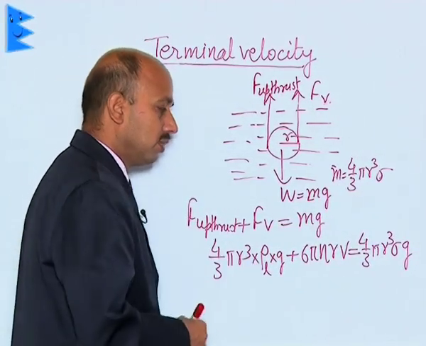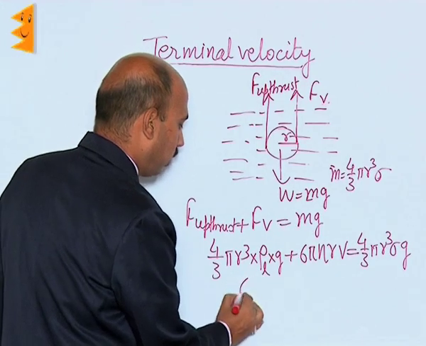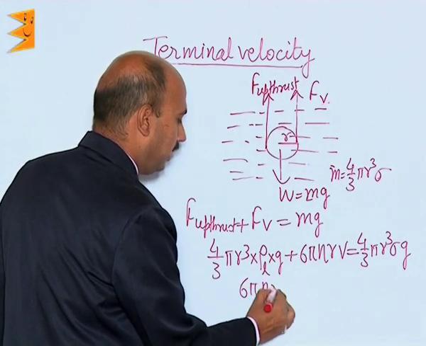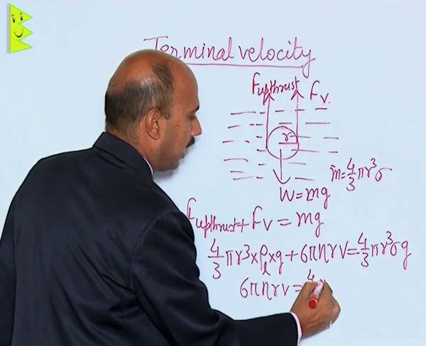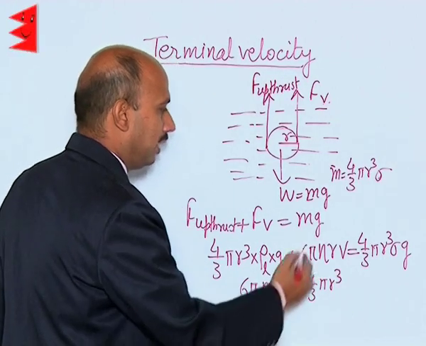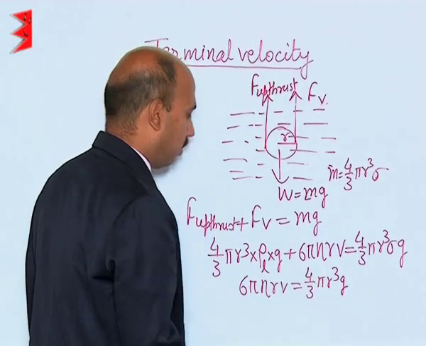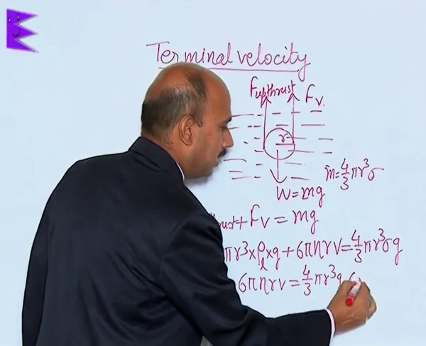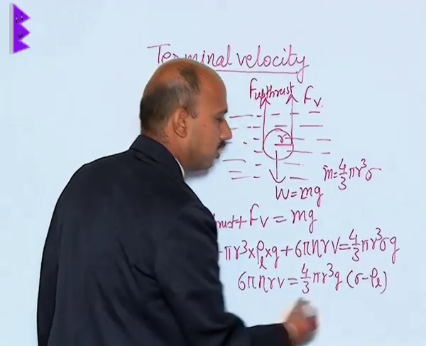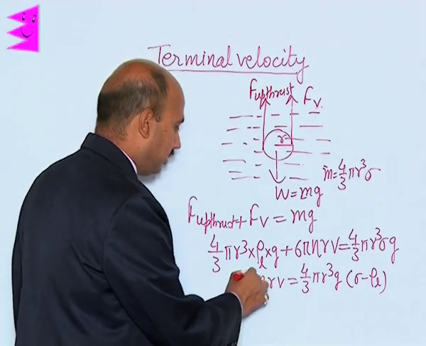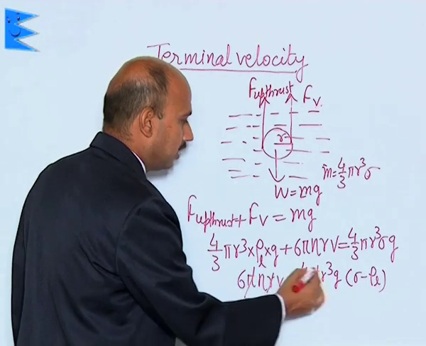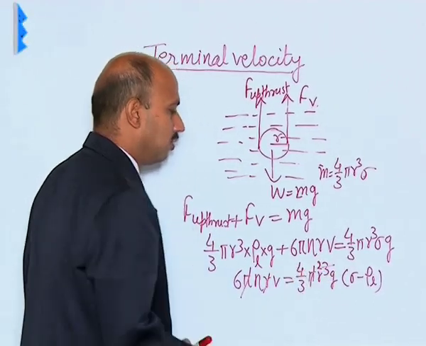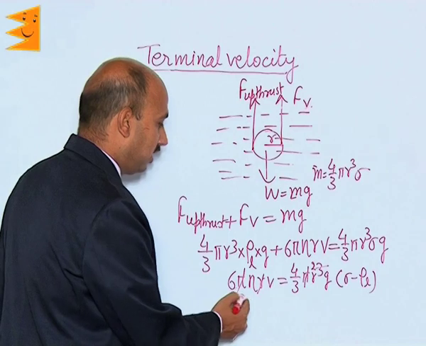Now, we can solve this to get the formula for the velocity. So, 6 pi eta r v is equal to 4 upon 3 pi r cube. We can take g common, and here we will get sigma minus rho L. Now, this pi and this pi get cancelled, this r and this r get cancelled, leaving r square, and this 6 is here.